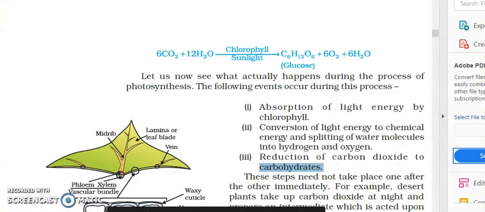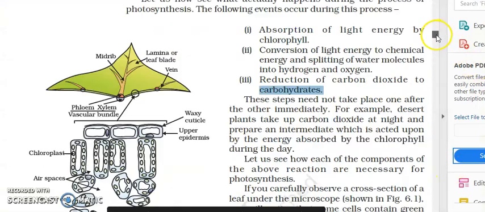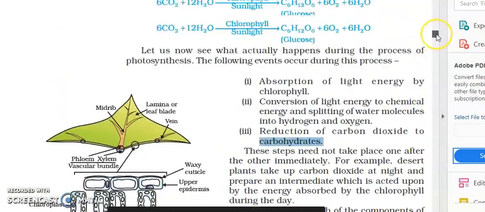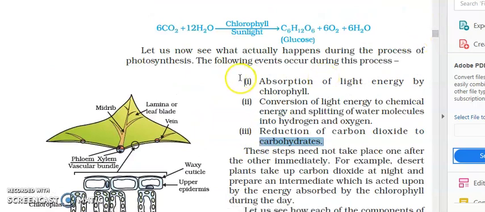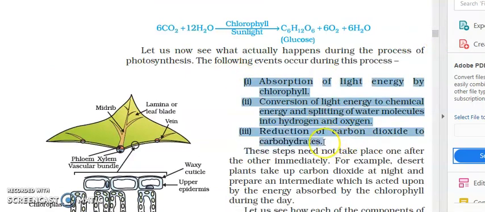So what are the light reactions and what are the dark reactions? For that, we come back to our text. In our text, photosynthesis has been summarized in the form of 3 steps, 1, 2, and 3, right?